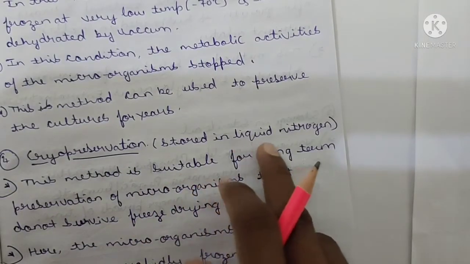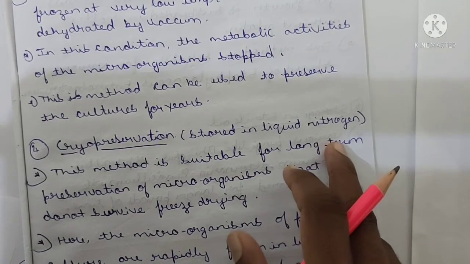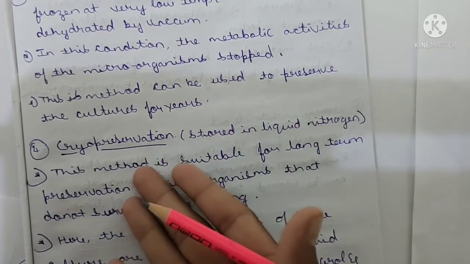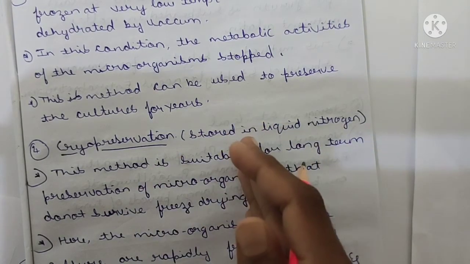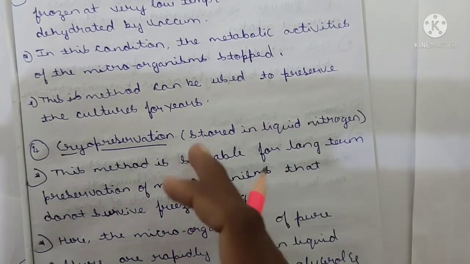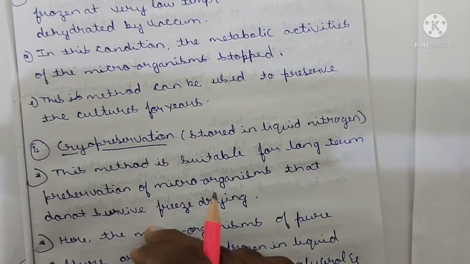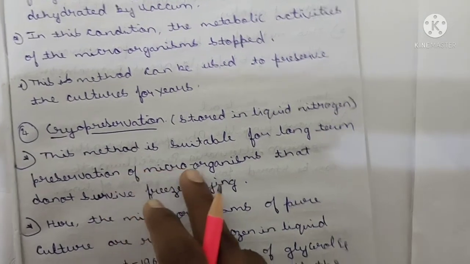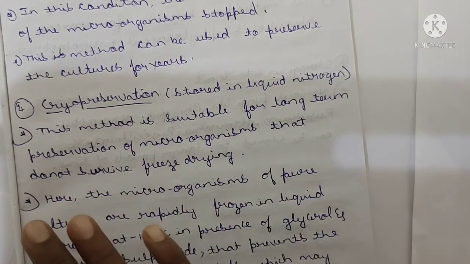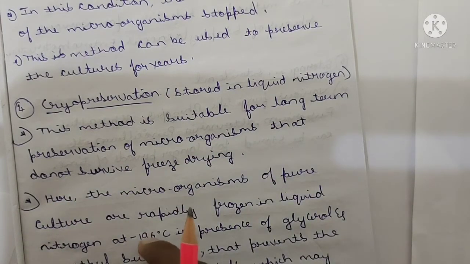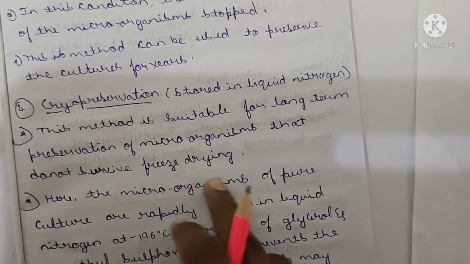Then the next one is cryopreservation. It is stored in liquid nitrogen. In your 10+2 or HSC, you know cryopreservation. We preserve the pollen grains of plants stored in liquid nitrogen. This method is suitable for long-term preservation of microorganisms that do not survive freeze drying.